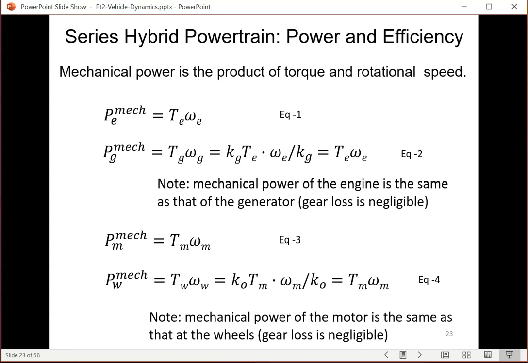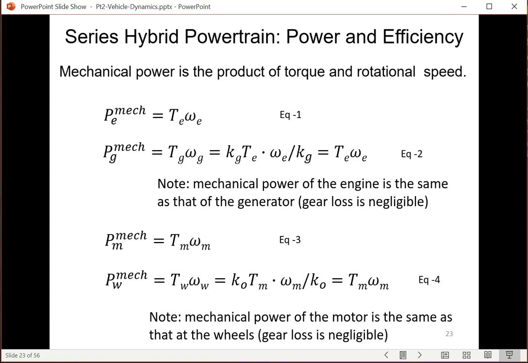If we consider the efficiency of the engine, the efficiency of the generator, and the efficiency of the electrical motor as well, then we need to work out the relationship between input and output of each of the components by considering the losses in the system as well. Some of it we already derived earlier.